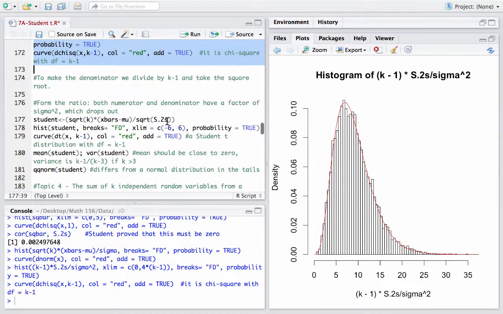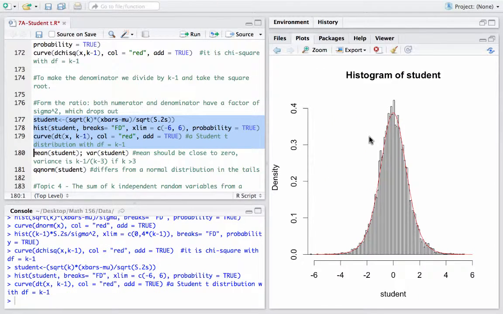So we'll take the square root of that and take the quotient, and the result will be student t with k degrees of freedom. Now the variance starts to behave. So Paul points out that if k is greater than 3, the variance is k minus 1 over k minus 3, and you can see how as k gets large, this will approach 1, which is what we expect, because this distribution should approach a standard normal distribution.